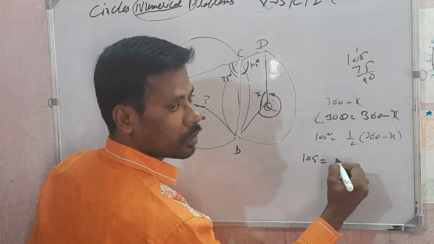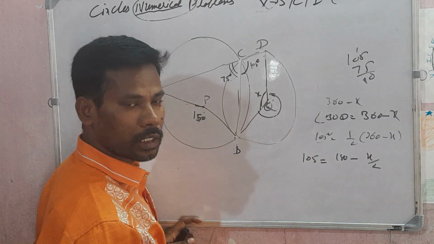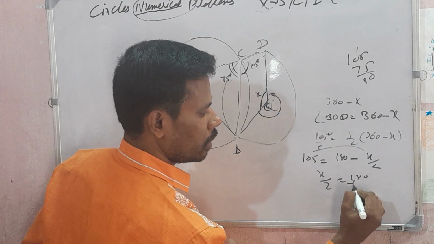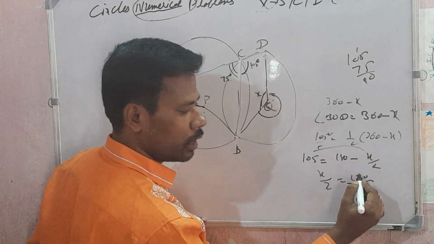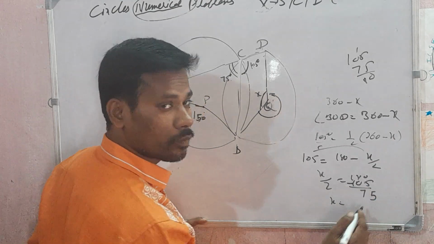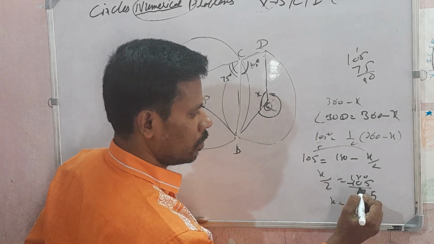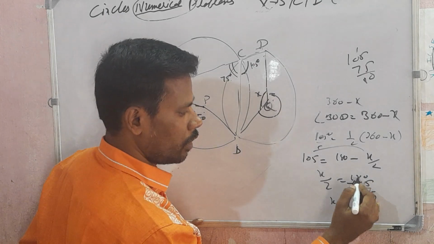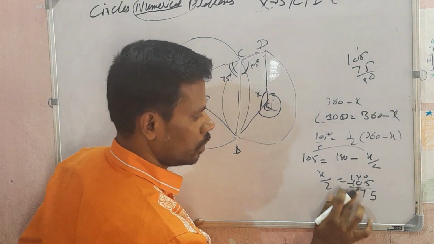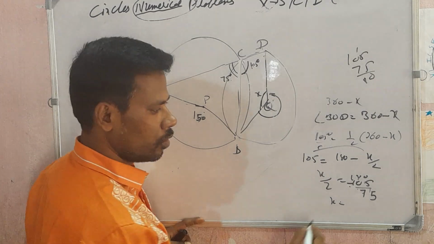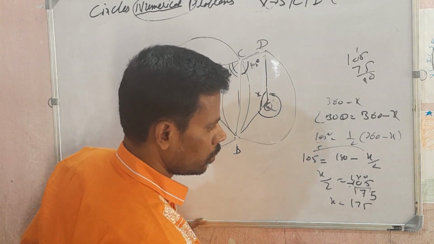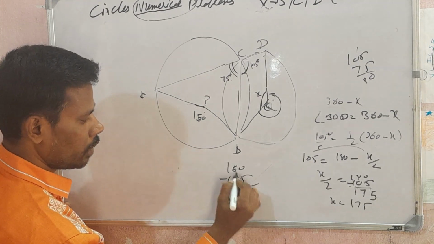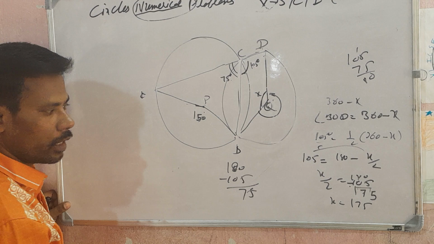105 is equal to half of 360, which is 180, minus X by 2, right? So bring this X here and this to that side. X by 2 is equal to 180 minus 105. 180 minus 105 is 75.